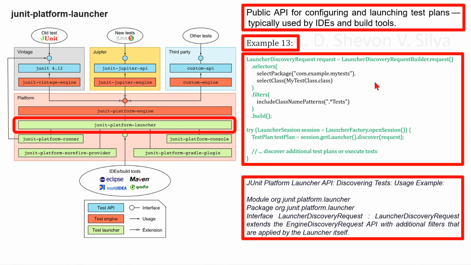You can select classes, methods, and all classes in a package, or even search for all tests in a class path or module path. Discovery takes place across all participating test engines.